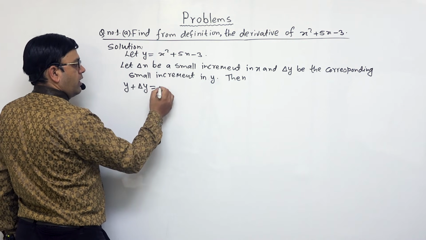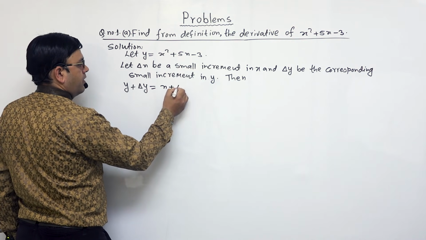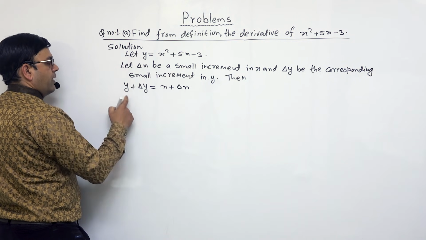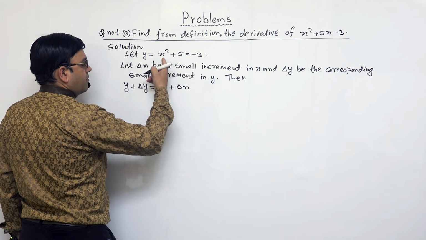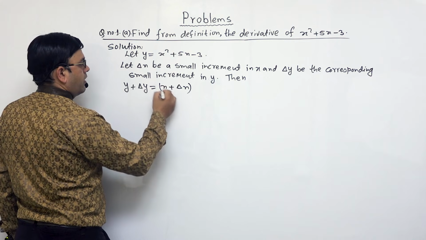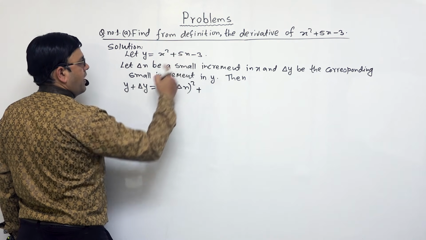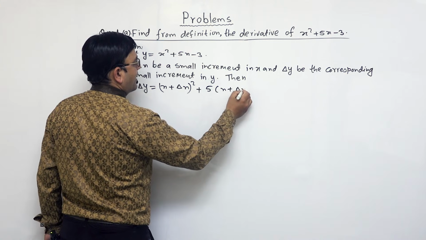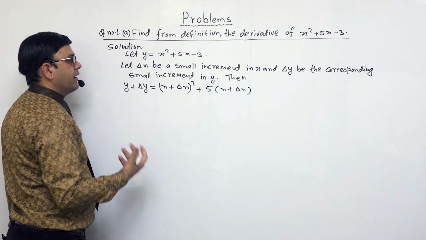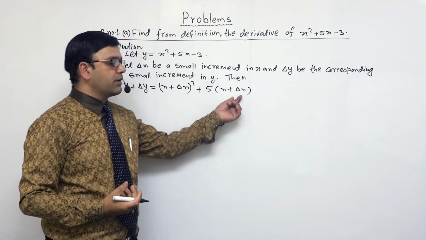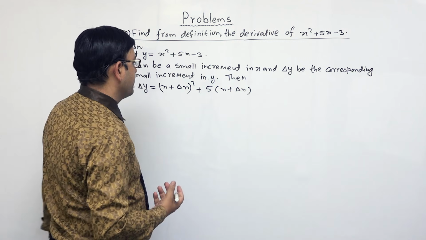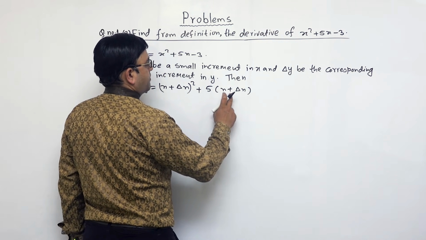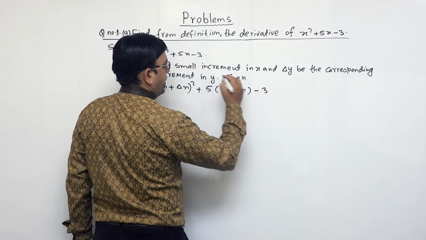So x plus del x. विद्यार्थी भाइ बहिनीहरु, यो y plus del y हेर्नुस् त, y बाट y plus del y राख्यौं, त्यस्तै x बाटमा पनि हामीले x plus del x यसको चाहिँ होल स्क्वायर गर्छौं, प्लस 5 टाइम्स x plus del x राख्छौं. x भएको ठाउँमा थोरै इन्क्रिज भयो, यो del x भनेको एकदमै थोरै इन्क्रिज हो x मा. So 5 times x plus del x minus 3.